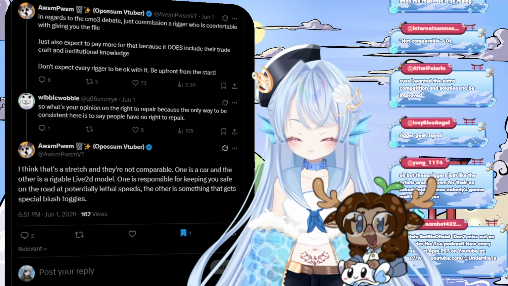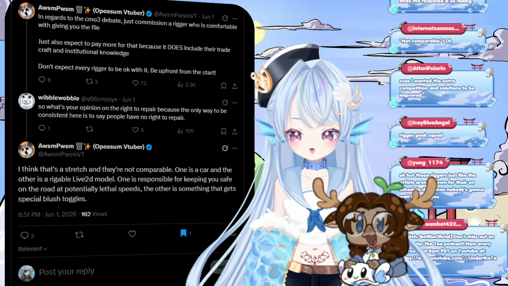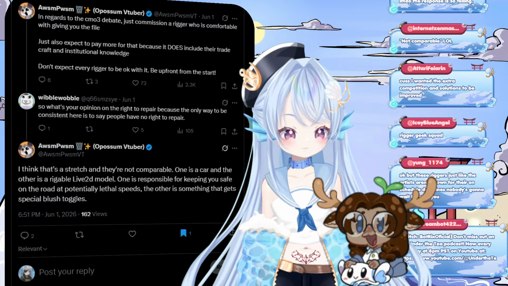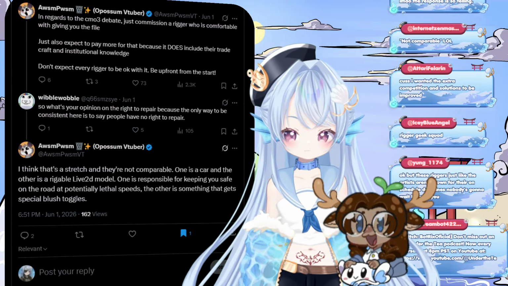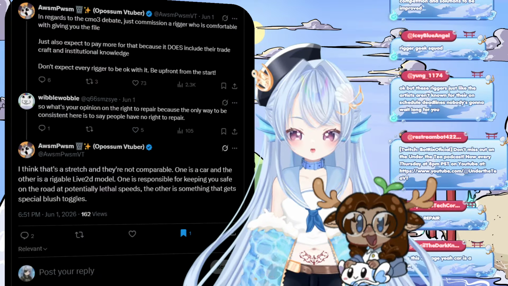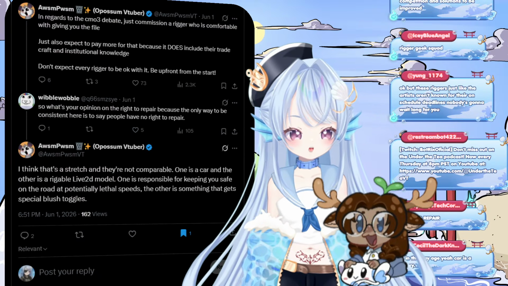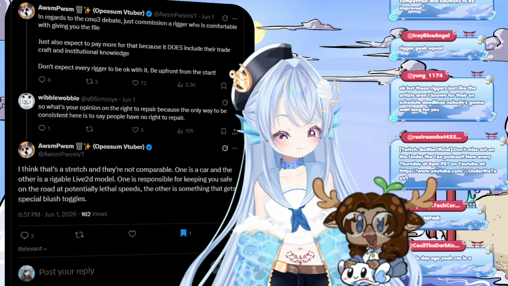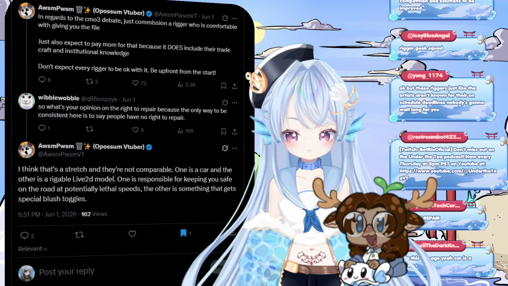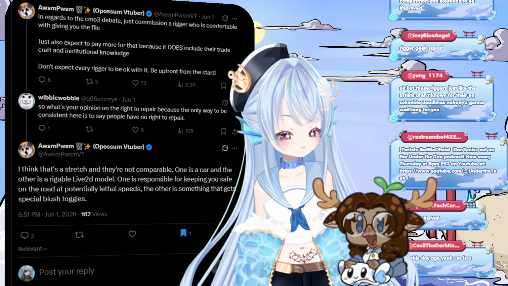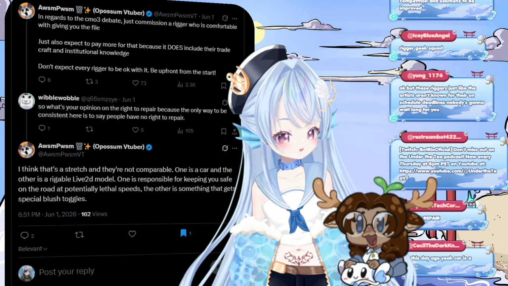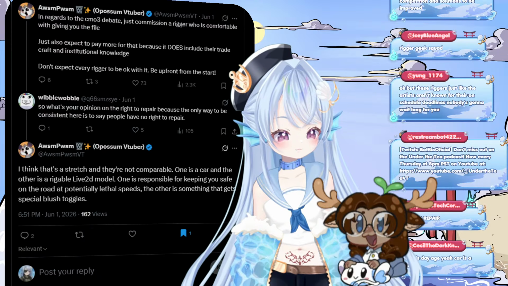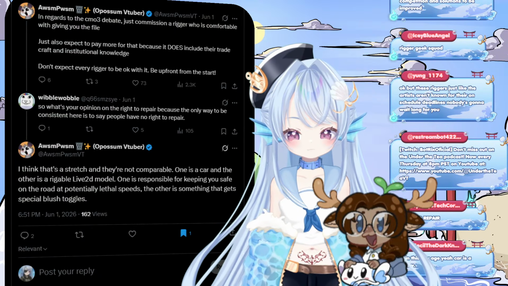If anything, that's actually the perfect example because the whole point of a car is, like you said, not everybody can repair a car, which is why they're able to charge you so much. Meanwhile, with something like a Live 2D or, say, a blender that needs one part replaced, the whole point of right to repair is if the part is available, it should be available and not gatekept off and then have its warranty voided because I decided to unscrew it.